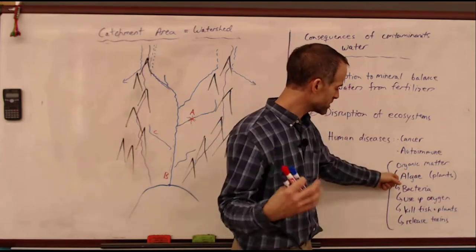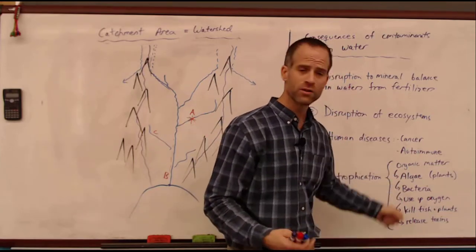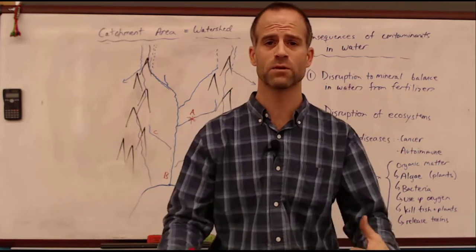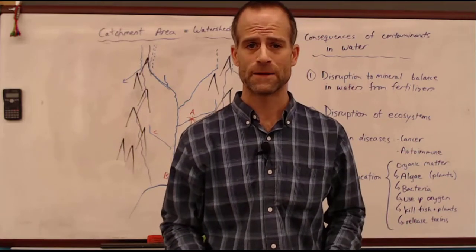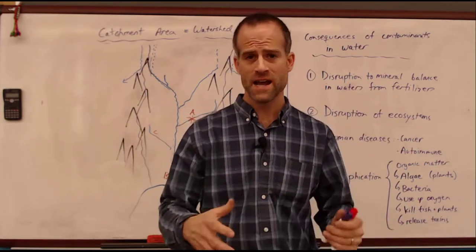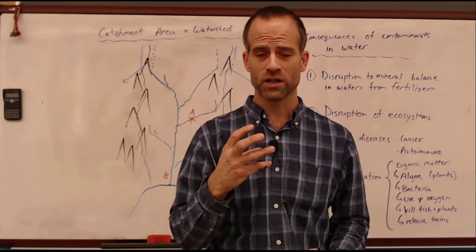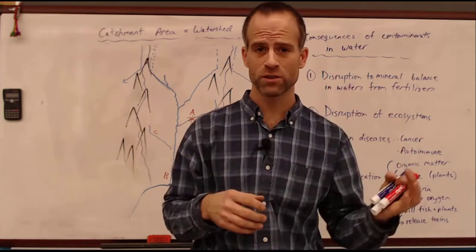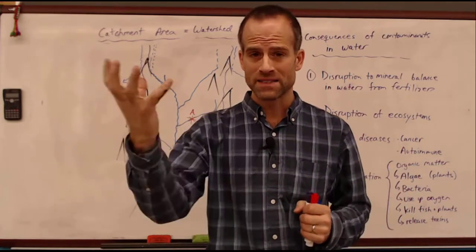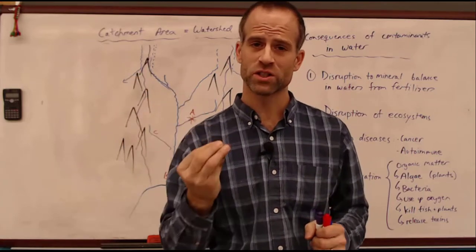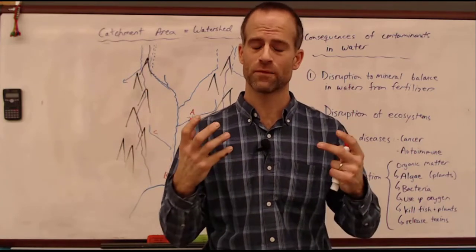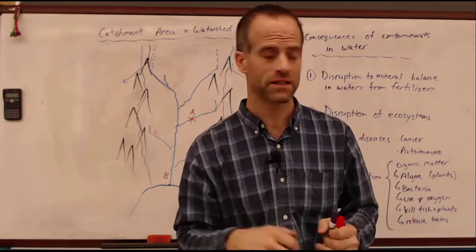But the algae that dies falls to the bottom, and then you end up with bacteria that starts eating away at this dead stuff. The bacteria, just like any animal, breathes in the oxygen from the water and breathes out CO2, but it's taking the oxygen, the dissolved oxygen, out of the water, which plants and animals need.